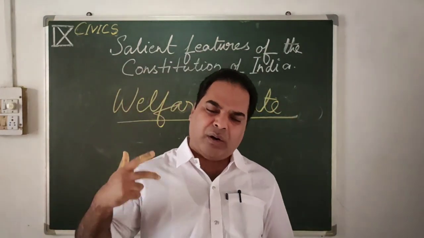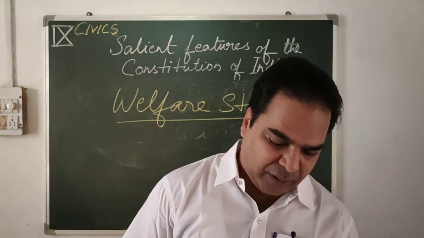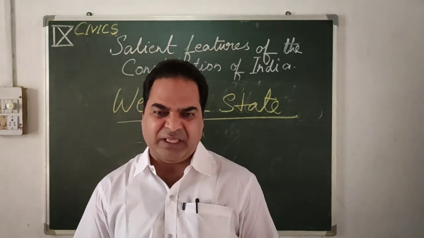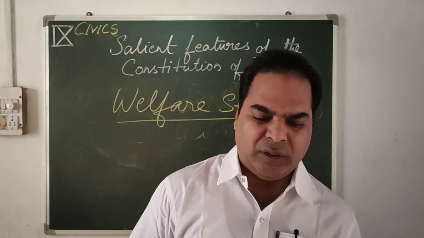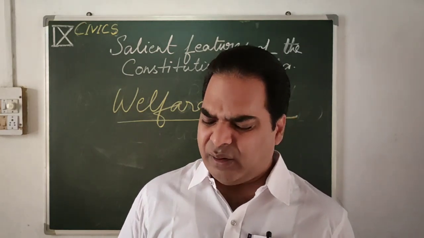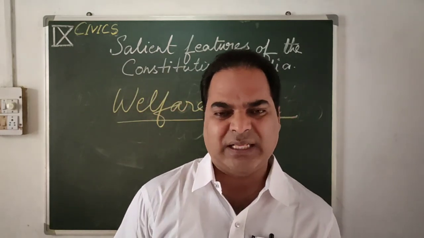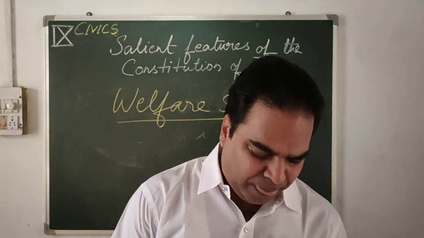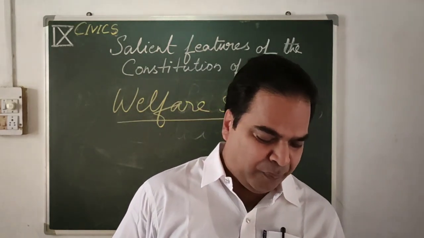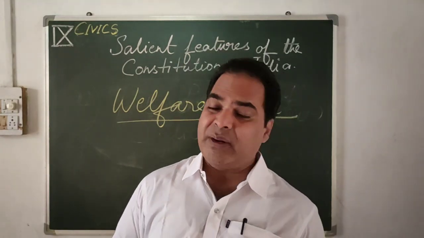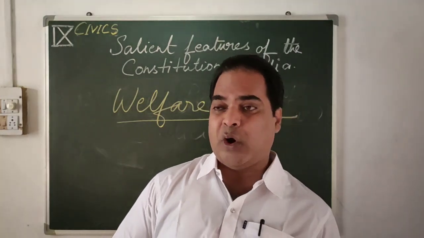The state where all the important facilities, civic facilities, are provided to the people of the state, where each and everything like schools, colleges, hospitals, roads, all the required things by the people are provided by the state government. That is known as a welfare state. So in order to make India a welfare state, we need to work on it. The Indian government has to work on it to provide socio-economic and welfare development to all its people.